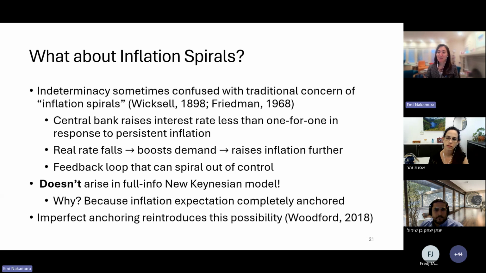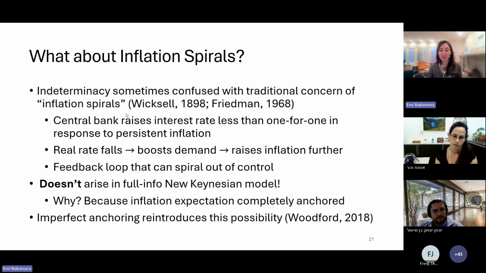Now, perhaps you're thinking there must be something wrong with this argument, because there's this very reasonable concern that arises associated with inflation spirals when the Taylor principle doesn't hold. So what is that concern? Well, this goes all the way back to Wicksell and Friedman. The argument is simply that if inflation rises and the nominal interest rate rises less than 1 for 1, then the real interest rate is going to fall.